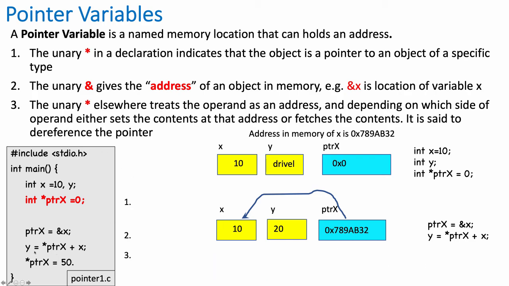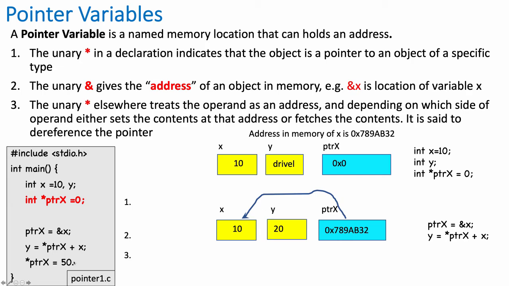In this first line, y equals star pointer x plus x, we are setting y equal to x plus star pointer x, which is whatever is at the address that pointer x is pointing to, which is x. So y is going to be set equal to 20.